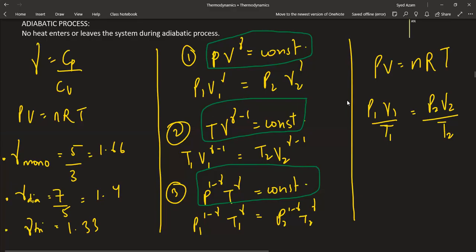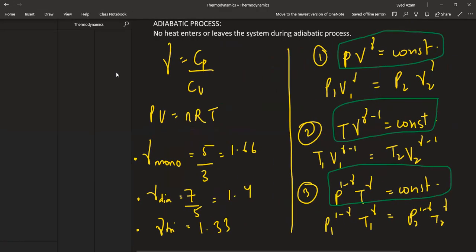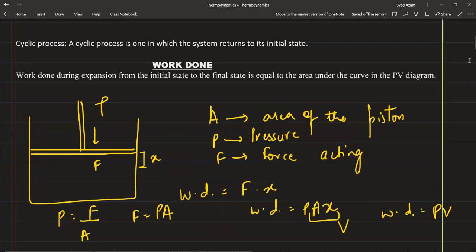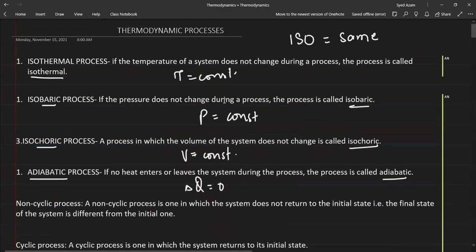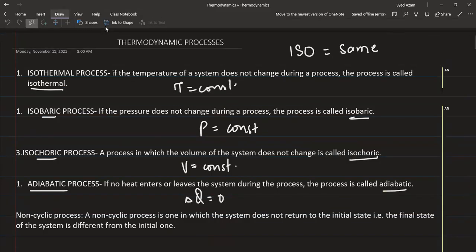So if volume is constant, there is no change in volume. Delta V is 0, so work done will also be 0. So that's why we saw these 4 processes.